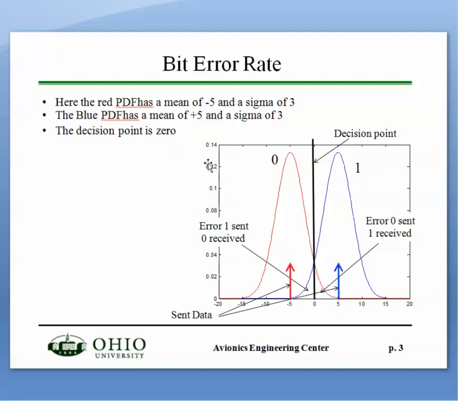So again, here we've set our decision point to 0. We have our 1s and our 0s, and we calculate these two areas. We add them up, divide by 2, and that's going to be our bit error rate.